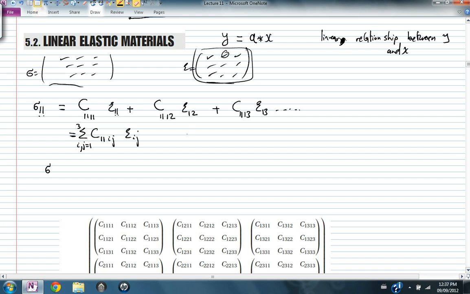Or you could say, I'm just going to use different variables, k, l from 1 to 3, C11kl epsilon kl. Or I could possibly say that sigma ij, for any value of i and j, is equal to the sum of C, the constant that relates the component ij to the component kl, epsilon kl, and the sum is over k, l equal 1, 2, 3.